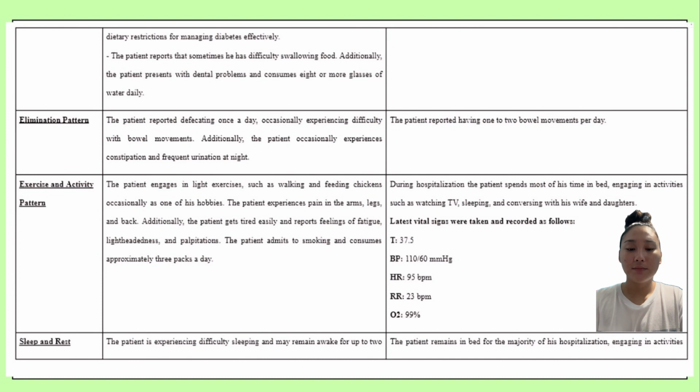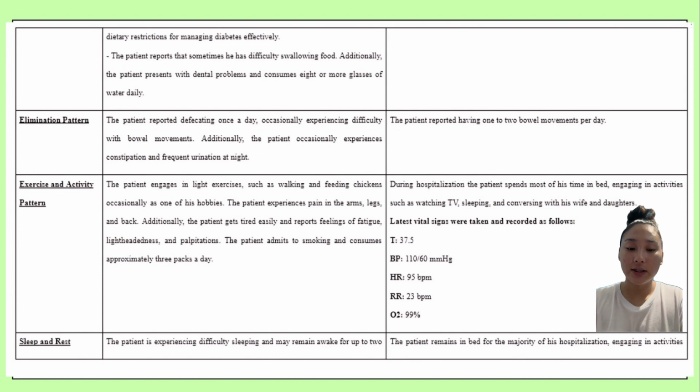And the patient admits to smoking and consumes approximately 3 packs a day. And during hospitalization, the patient spends most of his time in bed, engaging in activities such as watching TV, sleeping, and conversing with his wife and daughters.